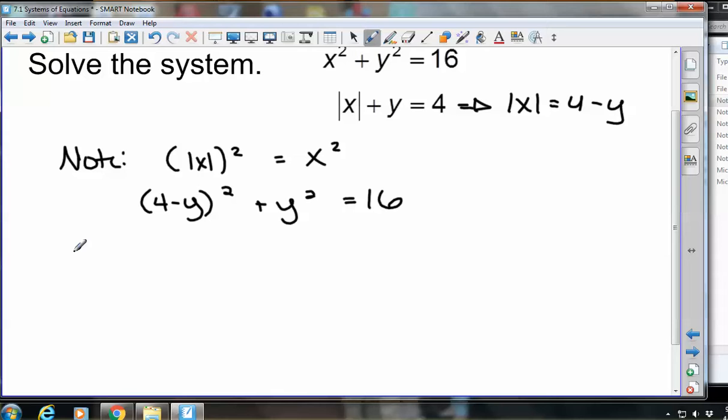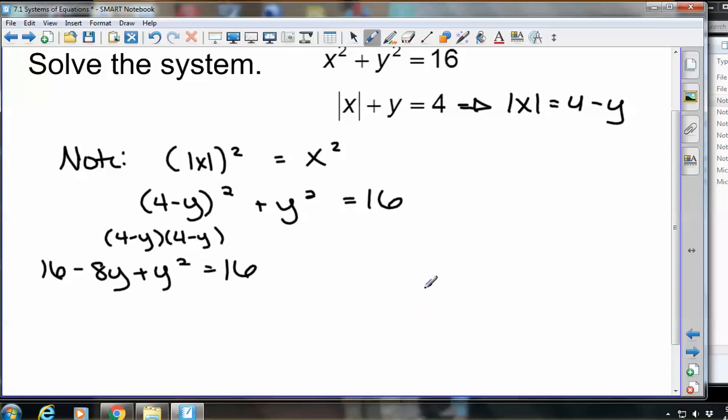To square this, what do we need to do? Wait. So we get 16 minus 8y plus y squared equals 16. Oh, I dropped a term, didn't I? There's a second y squared there. This is what I got from my foiling, plus the y squared that was already there.